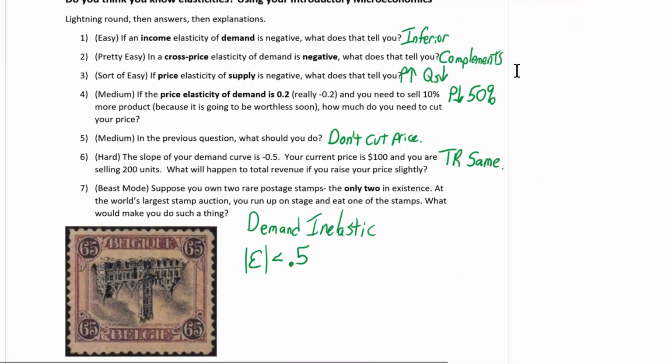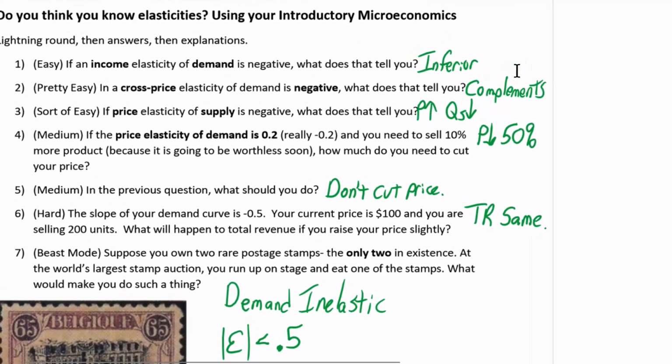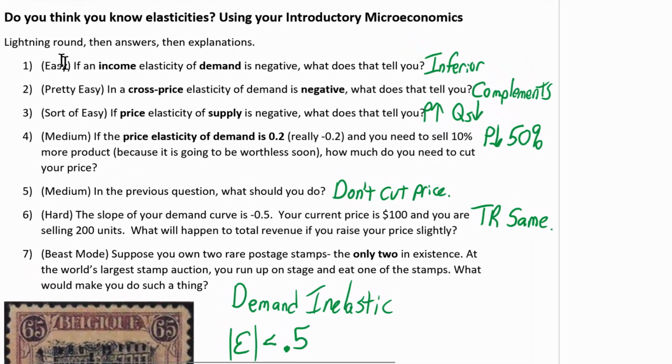Now, let me give you some brief explanations as to why these are the answers. So if an income elasticity of demand is negative, that tells you that the product is an inferior good because the income elasticity of demand is the percent change in the income on the bottom, percent change in the quantity people are buying on the top.